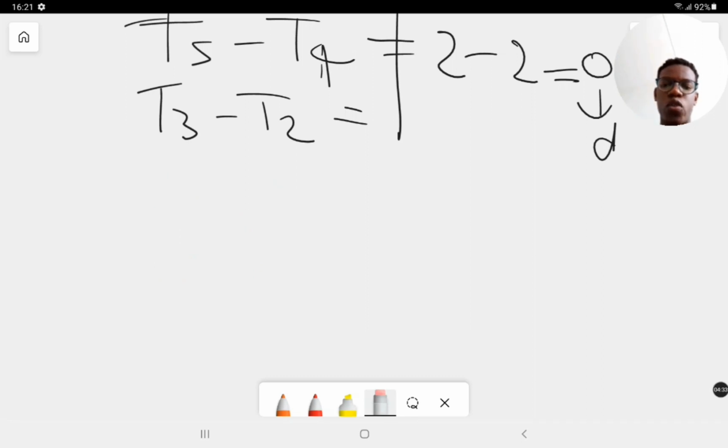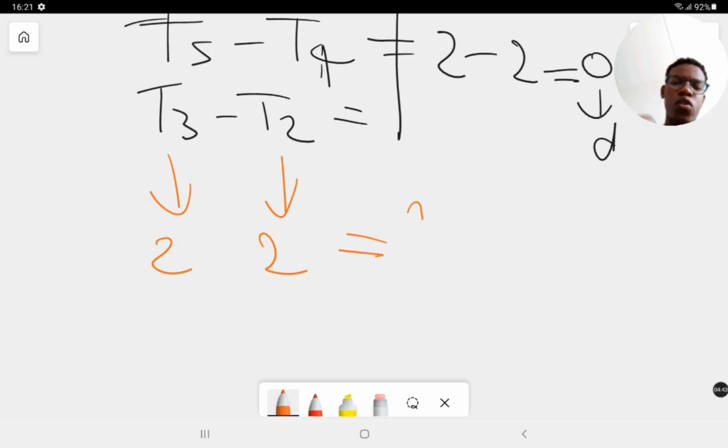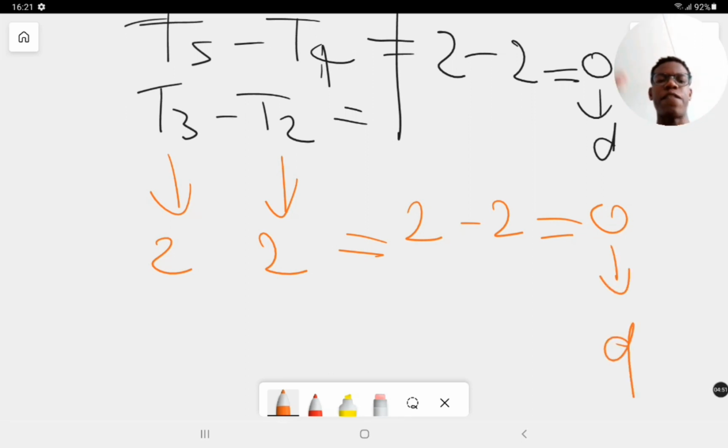So T3 is 2, T2 is 2. Therefore, 2 minus 2 is equal to 0, and this is also D. So the D's are the same. The difference between two successive or consecutive terms is the same, and that's what makes this an arithmetic series.